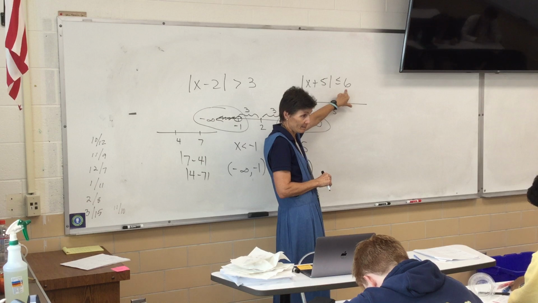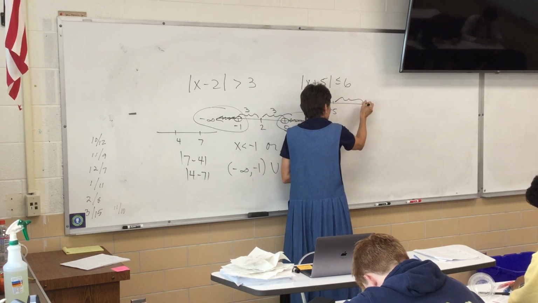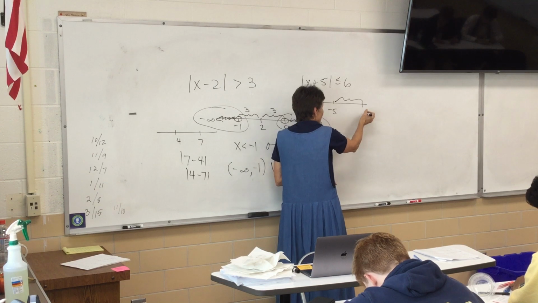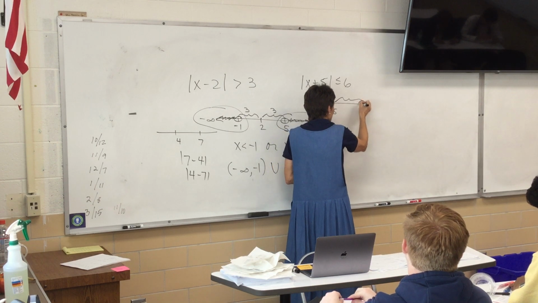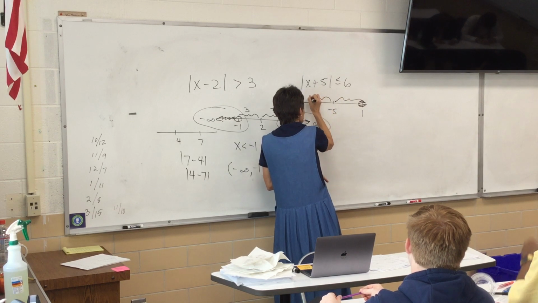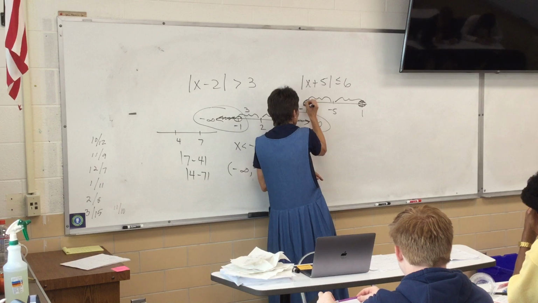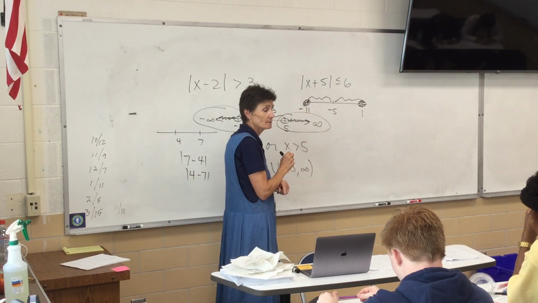Count this many. So if I count 6 out here, I would be at 1, closed dot. If I count 6 this way, I would be at -11, closed dot.